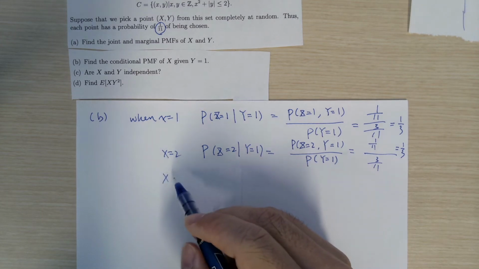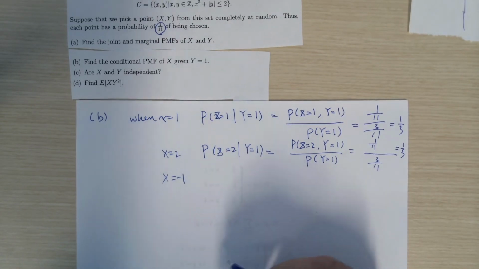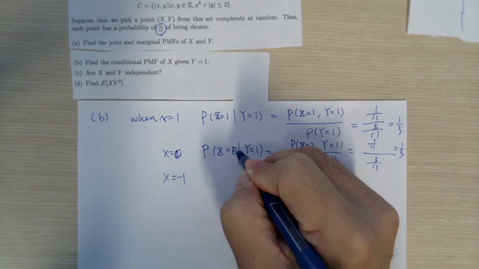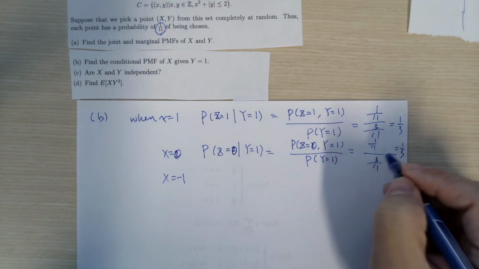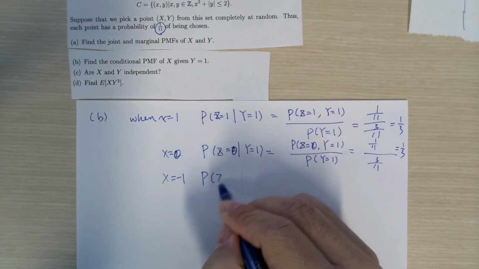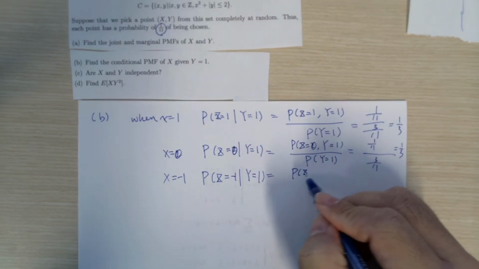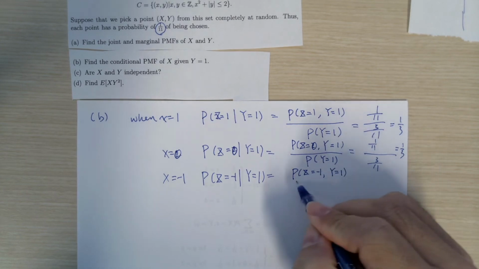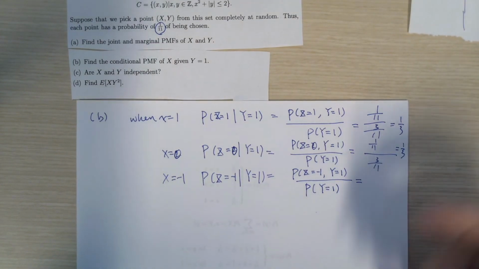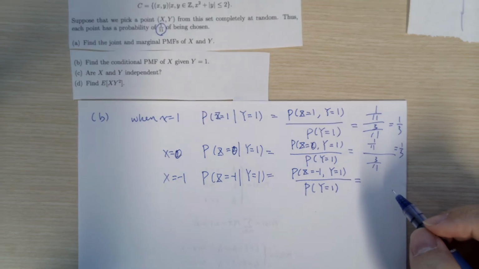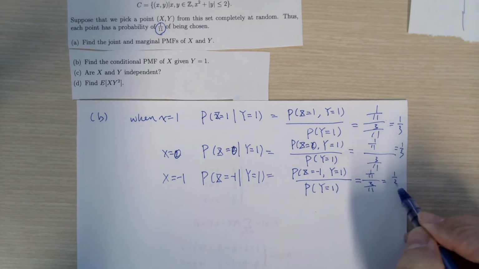And the last scenario, when X equals negative 1, so the probability that X equals minus 1 given Y equals 1 equals the probability that X equals minus 1 and Y equals 1 over the probability that Y equals 1. So this is again 1 over 11 over 3 over 11, which gives us 1 over 3.